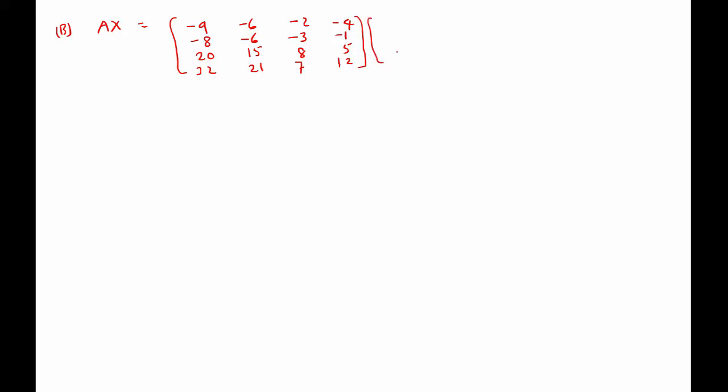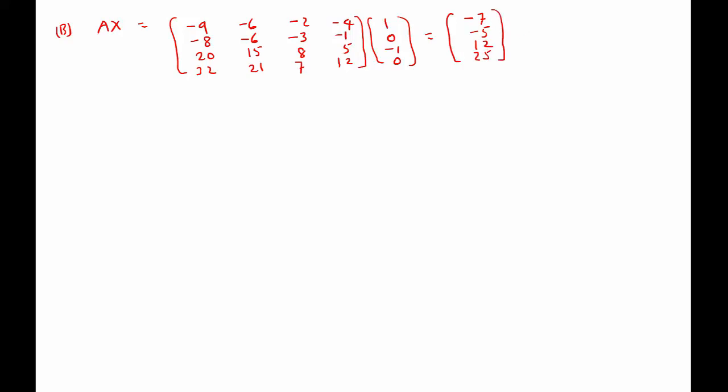This into the second vector, 1, 0, minus 1, 0. So again you will get a column matrix. First row into this column gives minus 9, 0, plus 2, 0. Minus 9 plus 2 simplifies to minus 7. Like that, second row into this column gives minus 5. Third row into this column vector gives 12. Fourth row into this vector gives 25.